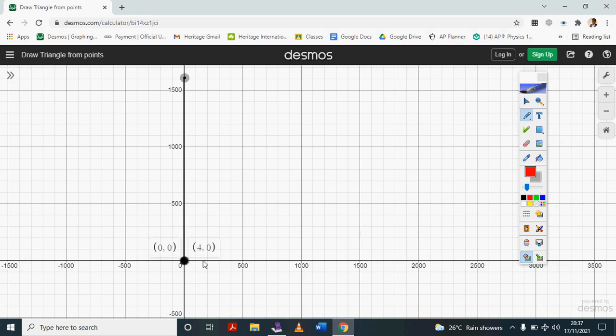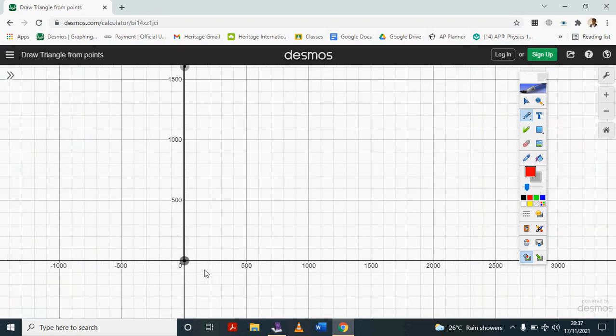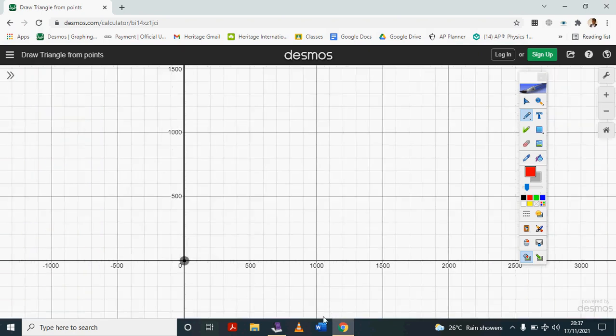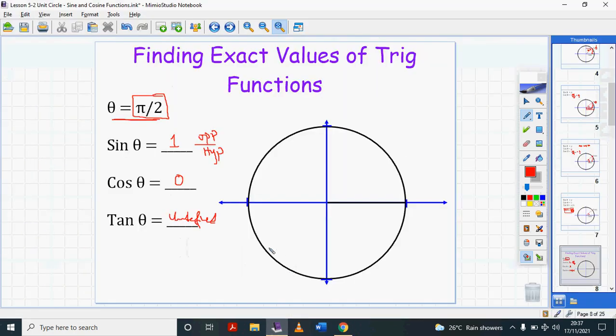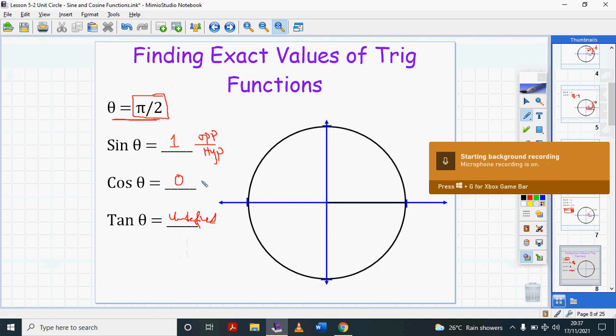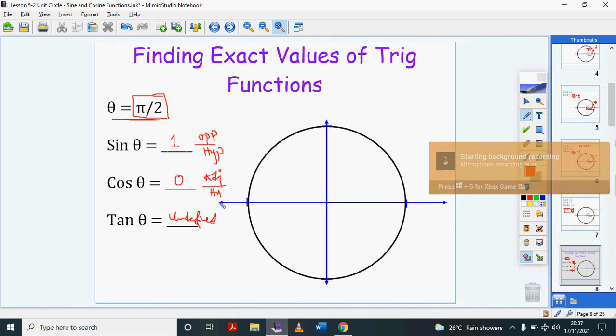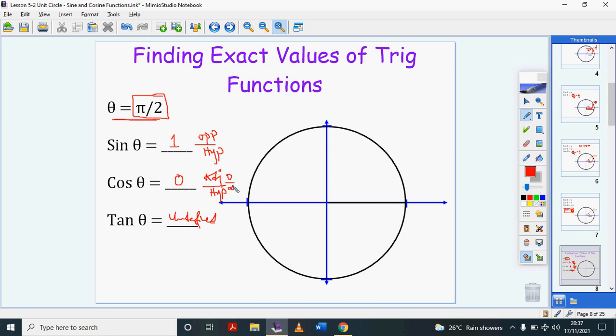So the adjacent is just 0. Therefore, the cosine of 90 degrees will be adjacent divided by hypotenuse, but I don't have an adjacent side because the triangle has a 90 degree angle. So that will be 0 over whatever it is, infinity. 0 divided by anything is still going to be 0.